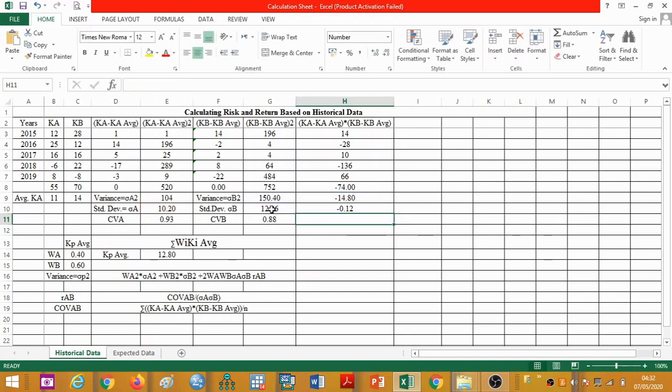So when I say it's equal to this, it means the correlation coefficient is minus 0.12.